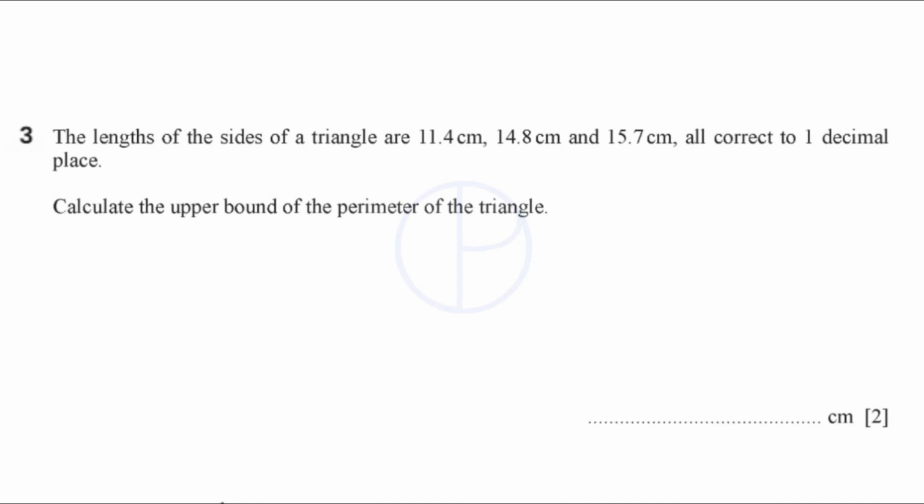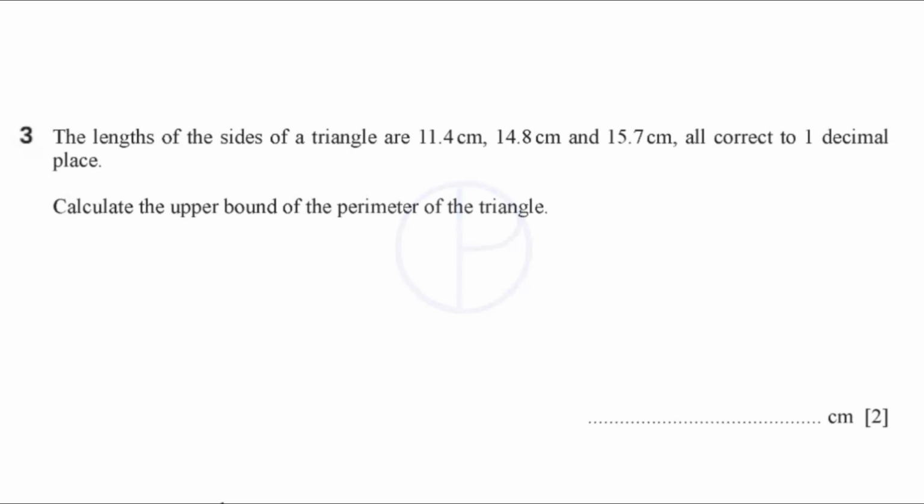The lengths of the sides of a triangle are 11.4 centimeter, 14.8 centimeter, 15.7 centimeter, all correct to one decimal place. Calculate the upper bound of the perimeter of the triangle. Perimeter of the triangle is nothing but adding all the three sides of the triangle.